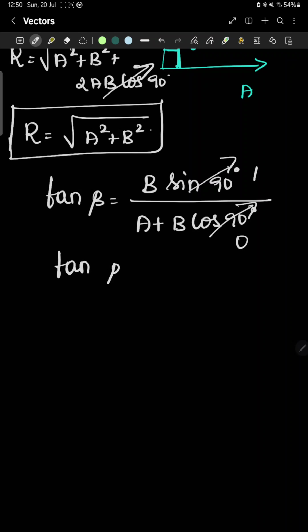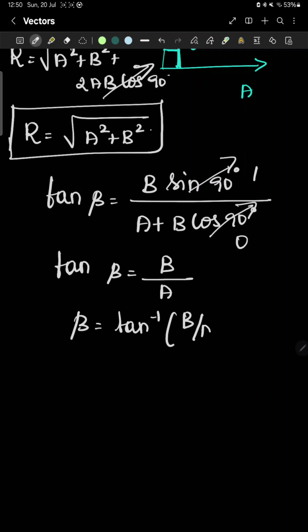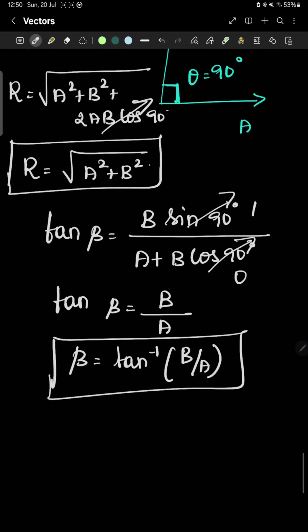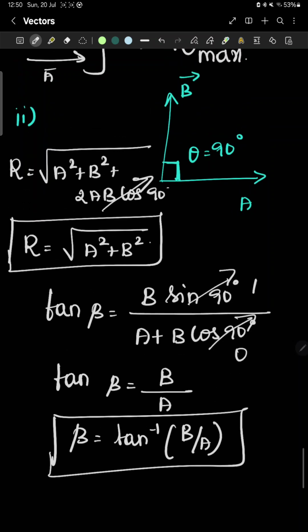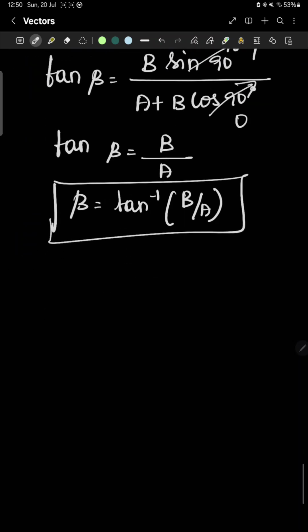So similarly tan beta is equal to b divided by a, and beta, the angle, will be the tan inverse of b by a. This will be the formula to find the angle between the resultant vector and the first vector when the two vectors are perpendicular to each other.